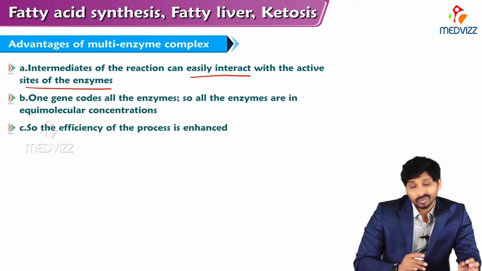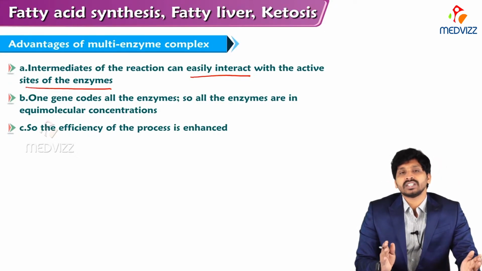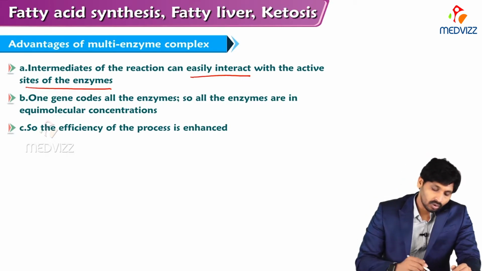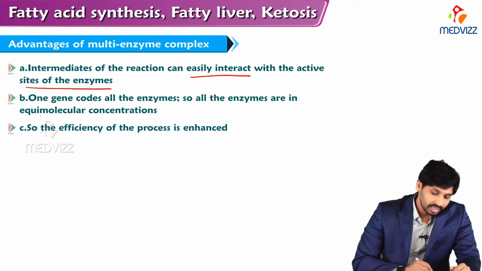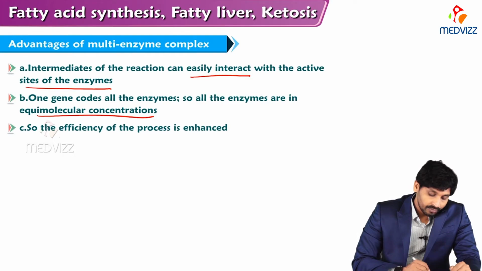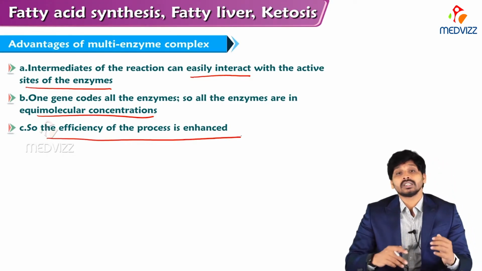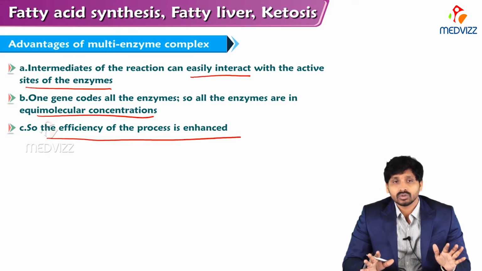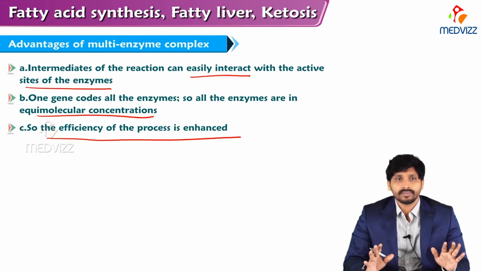And the main advantage is there is no need for separate genes to code different enzymes. As it is a multi-enzyme complex, all the enzymes are in one place, a single gene codes for all the enzymes, and all the enzymes are in equimolar concentrations. So the efficiency of the process is enhanced, and the reaction time is very much less.